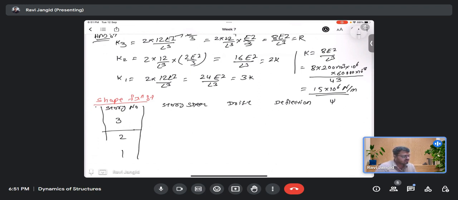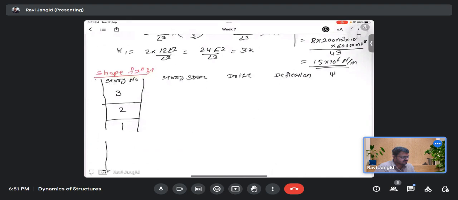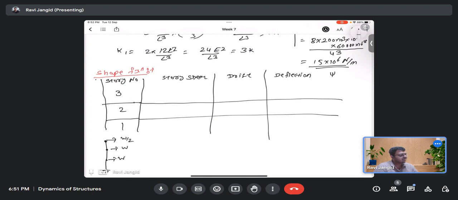So what is the force applied? Let me write it here. Here it is applying W by 2, it is applying W, it is applying W. Is it okay? So can you tell me what is the shear in the first story, third story?